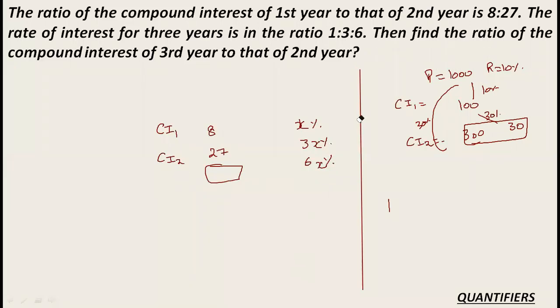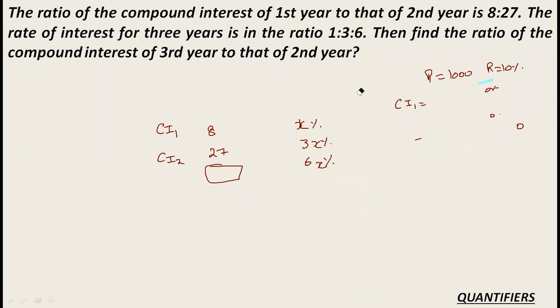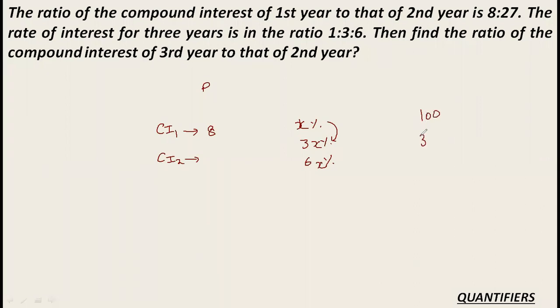Okay. Let's now look at the question and let's try to use what we have learned. So now it is given to me that there is some principal. For the first year, at some rate of interest x, I have fetched the compound interest of rupees 8. Now for the second year, the rate of interest is tripling. So like we learned in our case, when we tripled, the interest went from 100 to 300 and then additional 30.